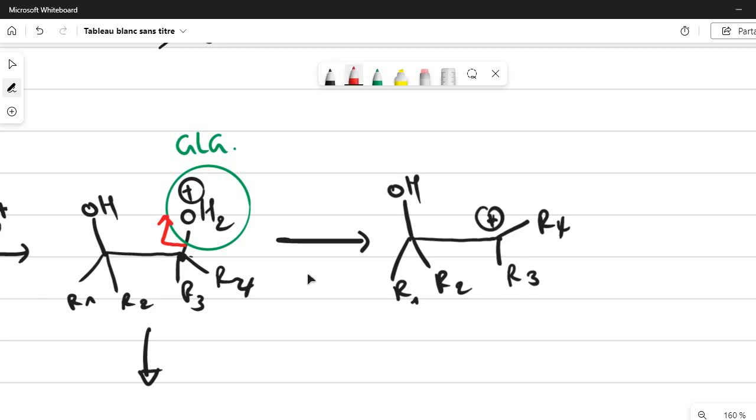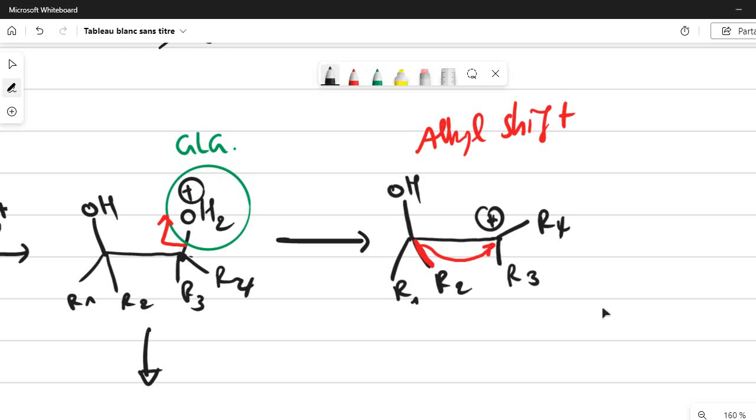So what are we going to do? We are going to take one of the alkyl groups that we have here and do an alkyl shift. That's what we also call a rearrangement.